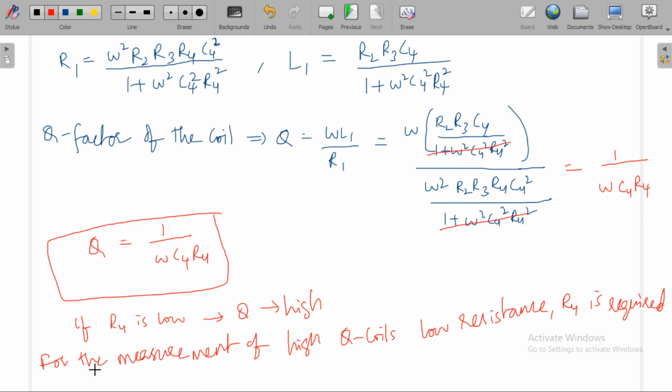Low resistance is required. So this bridge is suitable for the measurement of high Q coils, Q greater than 10, because low resistance is required.